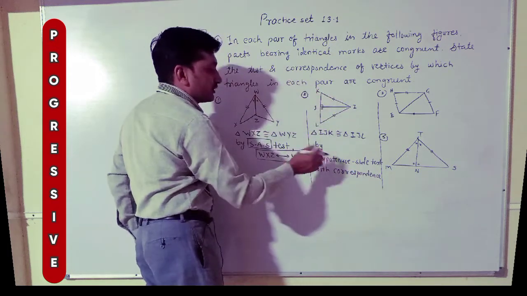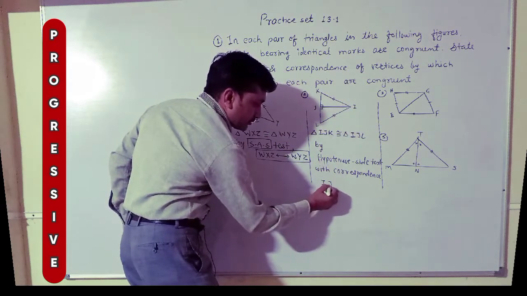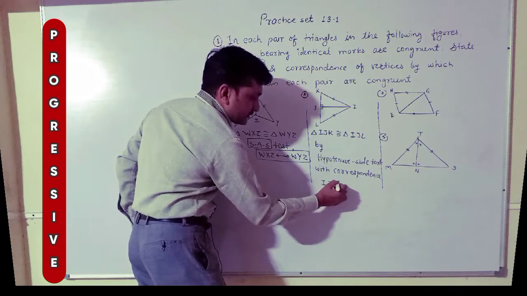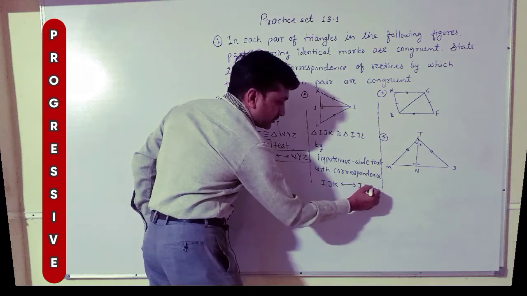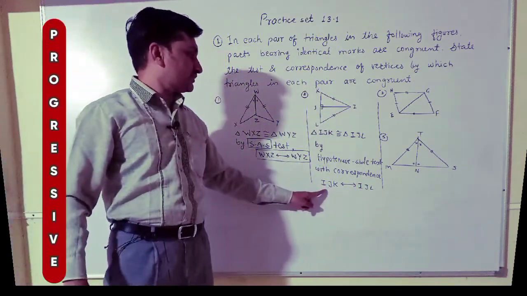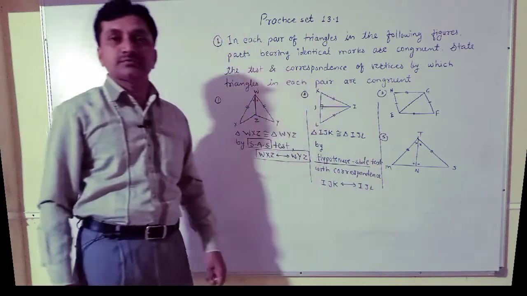Now correspondence of vertices, IJK. Now here don't give any symbol, only vertices. IJK corresponds to IJL. Now this is correspondence of vertices and this is the test, hypotenuse side test.